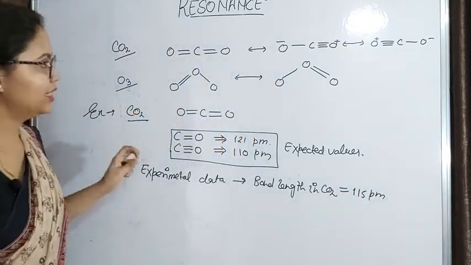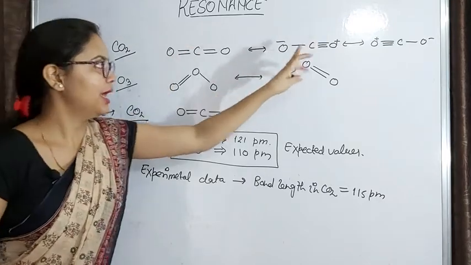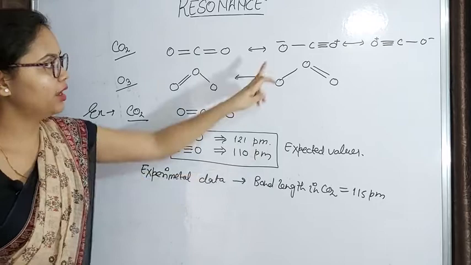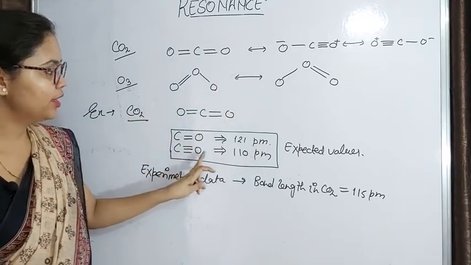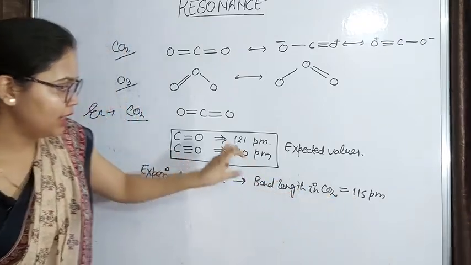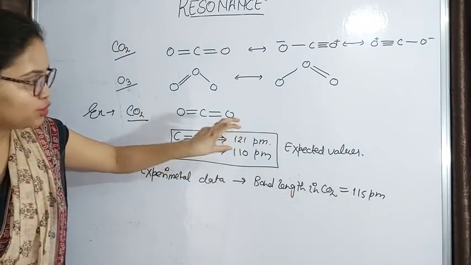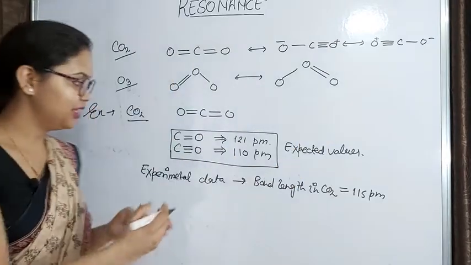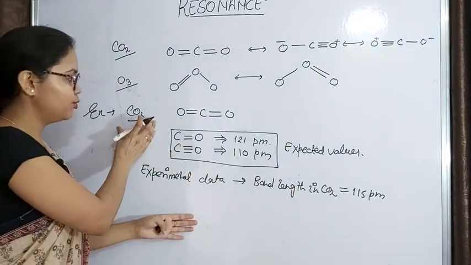You can see here that the C double bond O bond length is 121 picometer and C triple bond O is 110 picometer, and this value comes in between these two values. So that's why none of these structures explains the bond length of the CO2 molecule.